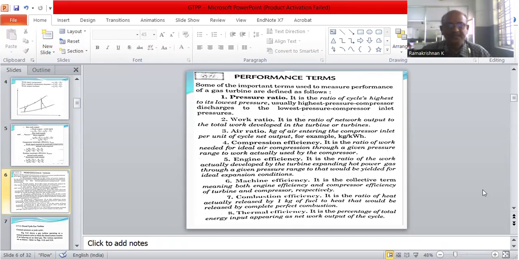It is described as the air ratio. Then the combustion efficiency. It is a ratio of the heat actually released by 1 kg of fuel to the heat that would be released by complete, perfect combustion. It is the combustion efficiency.